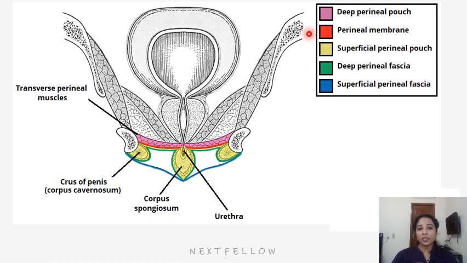Now the membranous layer of the superficial fascia of the abdomen. The abdominal superficial fascia has two layers.